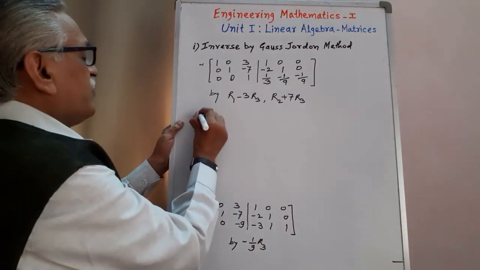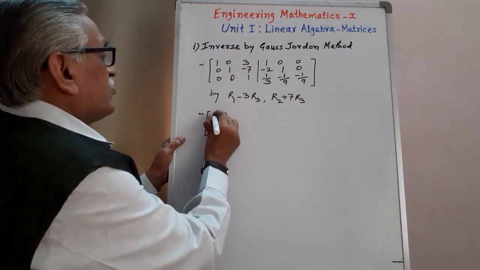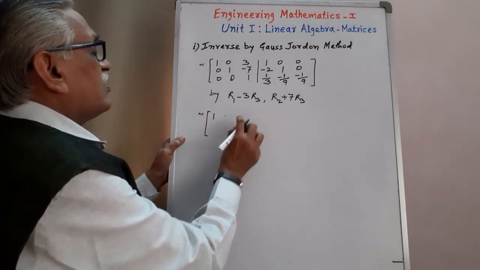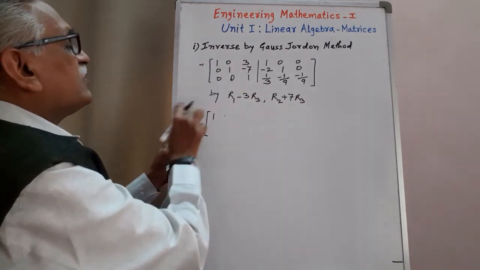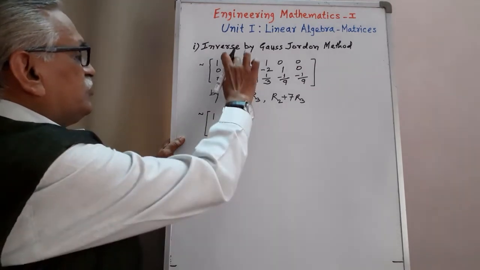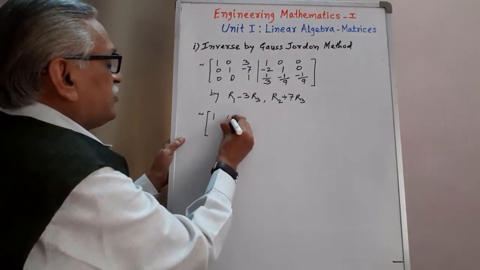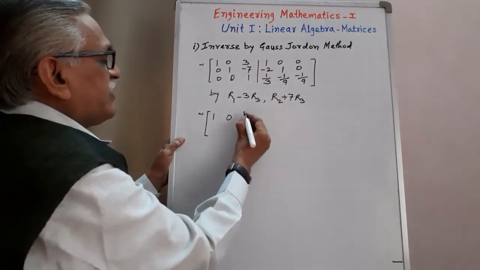Okay, and therefore we get, applying this R1 minus 3 times R3, 1 plus 1 minus 3 times 0, we get 1. 0 minus 3 times 0, we get 0. 3 minus 3 times 1, 3 minus 3, we get here 0.